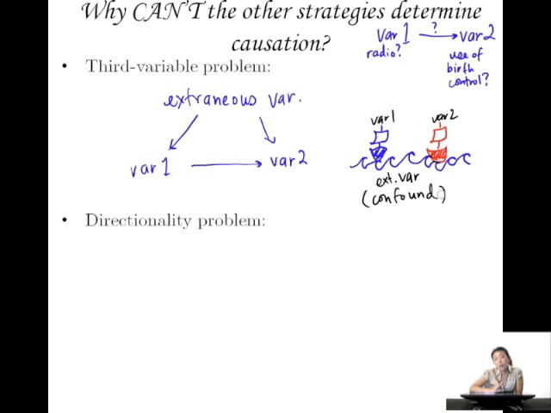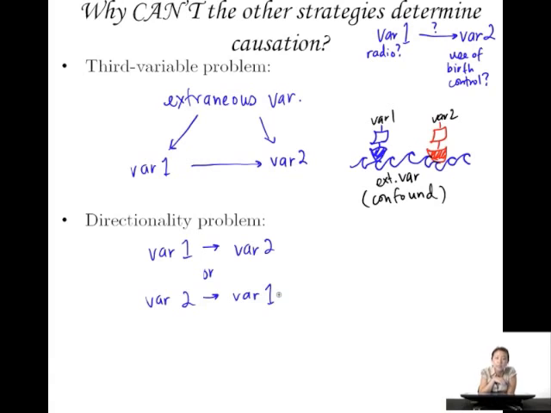And even when you solve this third variable problem, sometimes you still have another problem that remains. This is called the directionality problem. We don't actually know whether variable 1 impacts variable 2, or whether variable 2 impacts variable 1.